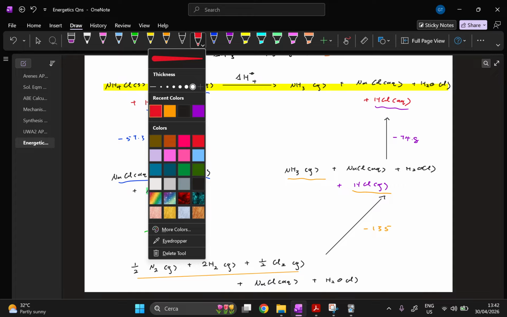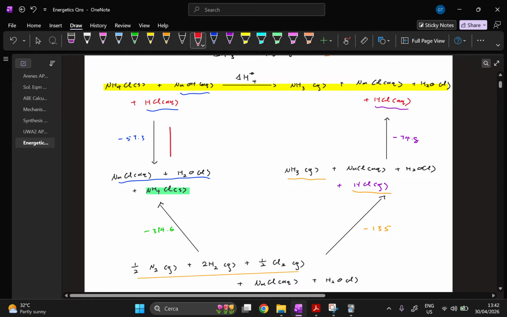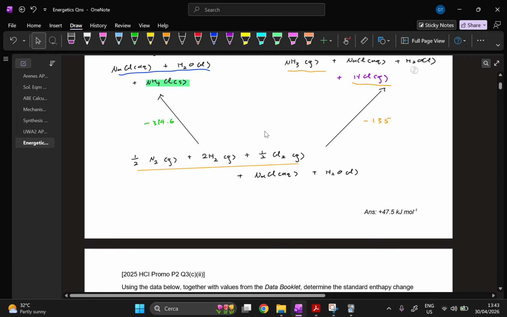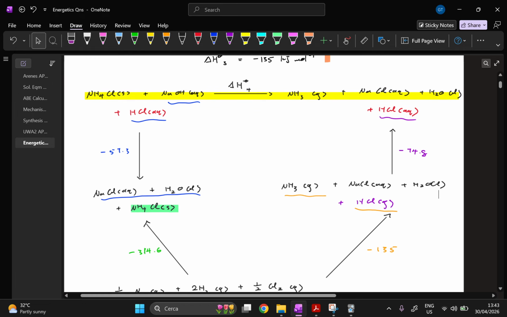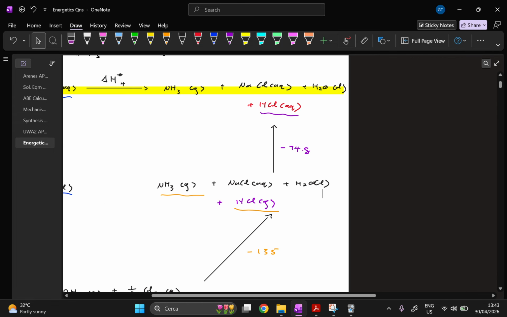So I'm going to want to go like that, then like that, then like that, then like that. Okay? But please take note of the direction. So I'm going to show you how to press calculator properly now, okay? I don't have enough space on the bottom, so I'm just going to go to the side here.